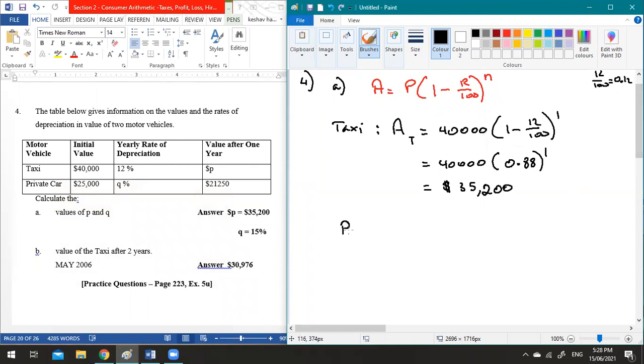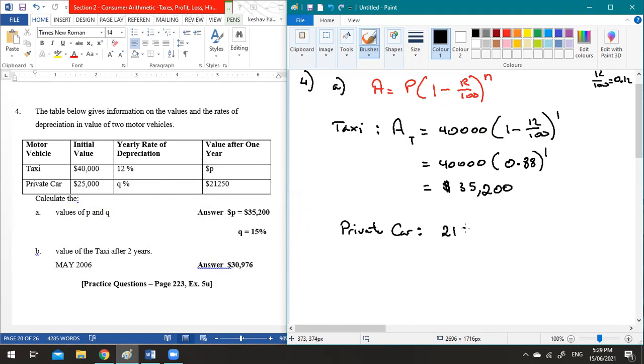Now, the private car, they gave us the initial value and the amount it will be worth, and want us to find the rate. So again, they give us the initial value and the amount it is worth.